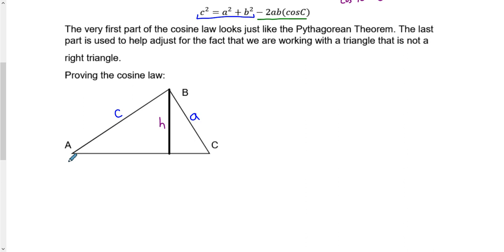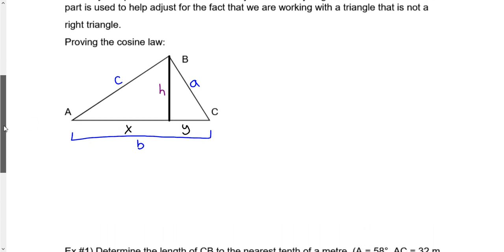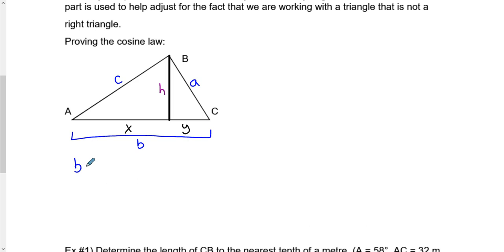Now, instead of us labeling this entire side as B, what we're actually going to do is call it an X and a Y. Of course, keeping in mind that this entire side is side B. So really, we can say that side B is whatever the X part is, adding whatever the Y part is.